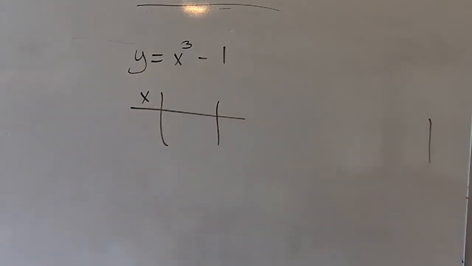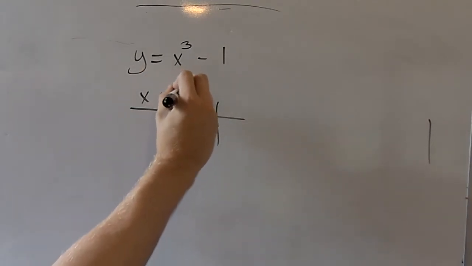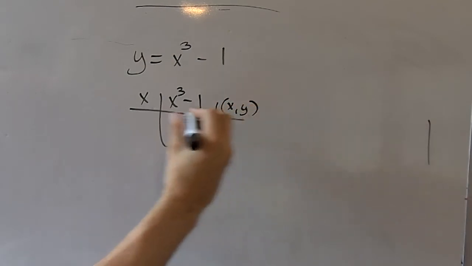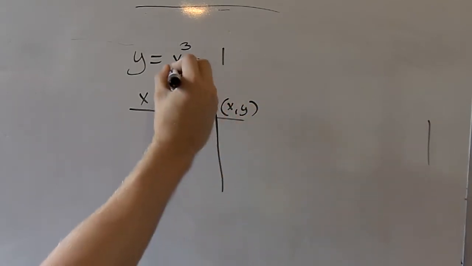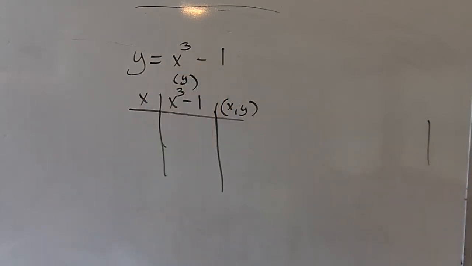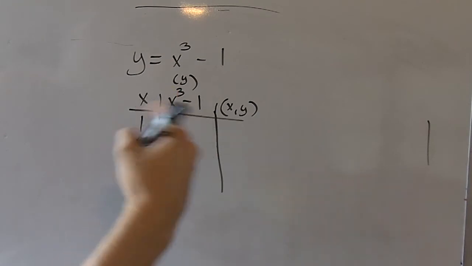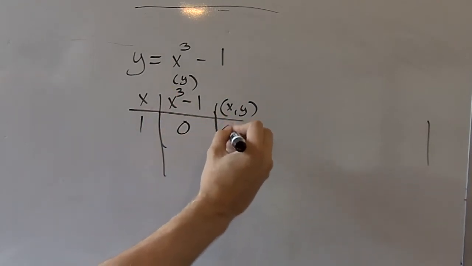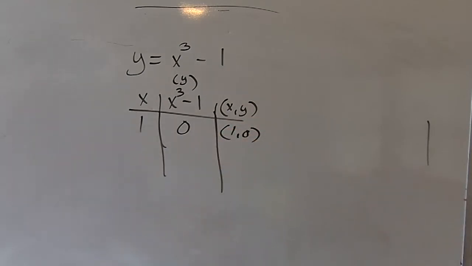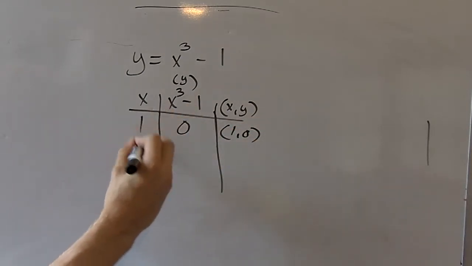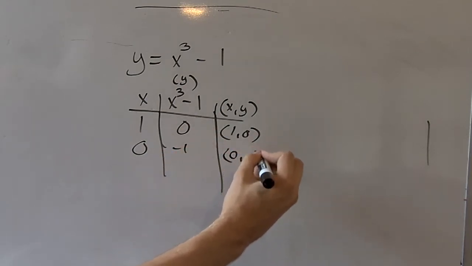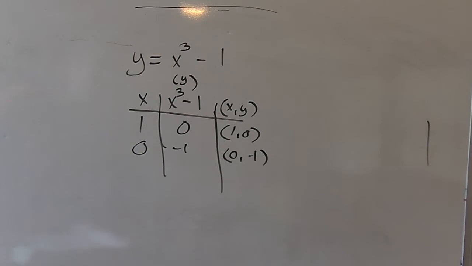Here's your x coordinate, here's your y coordinate, and at the end you'll get your ordered pair. Plug in 1: 1 times 1 times 1 is 1, minus 1 is 0, ordered pair of (1, 0). Plug in 0 for x, you get negative 1, ordered pair (0, -1), etc.